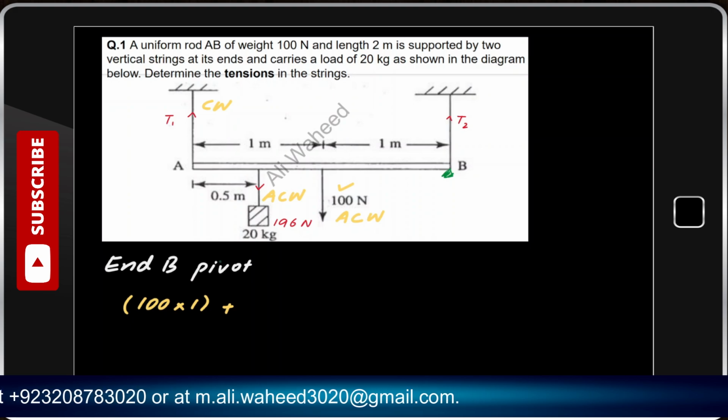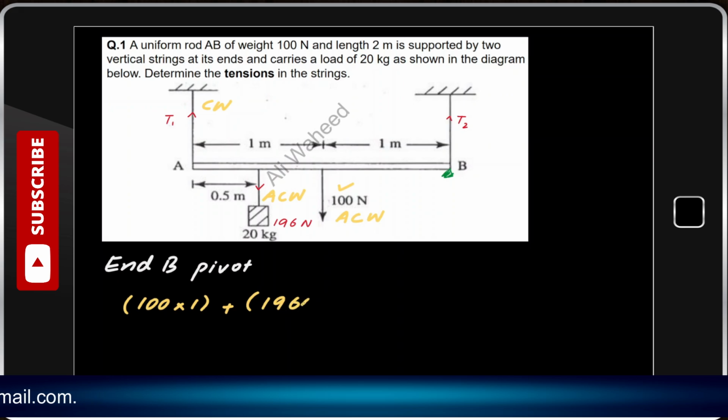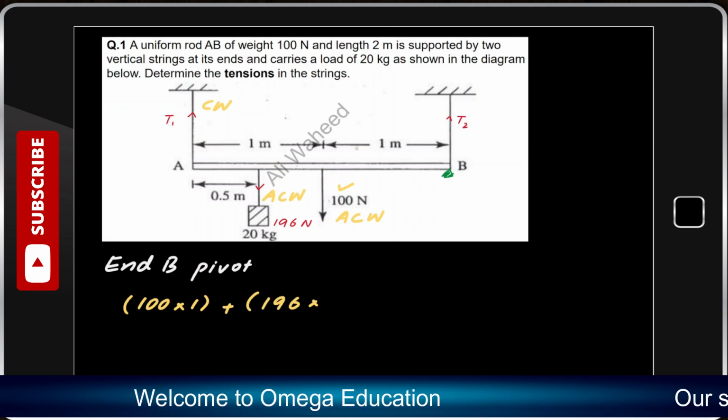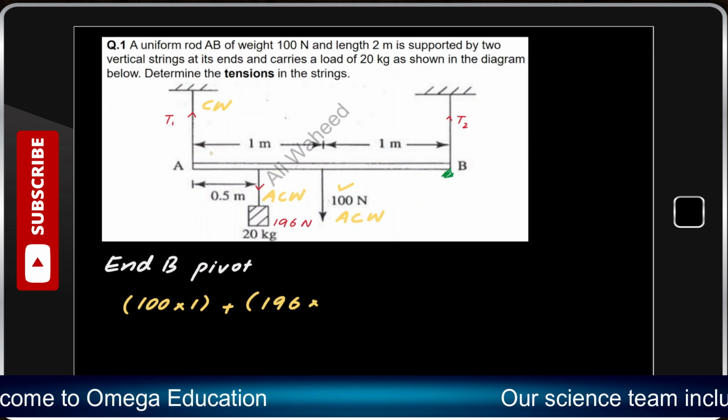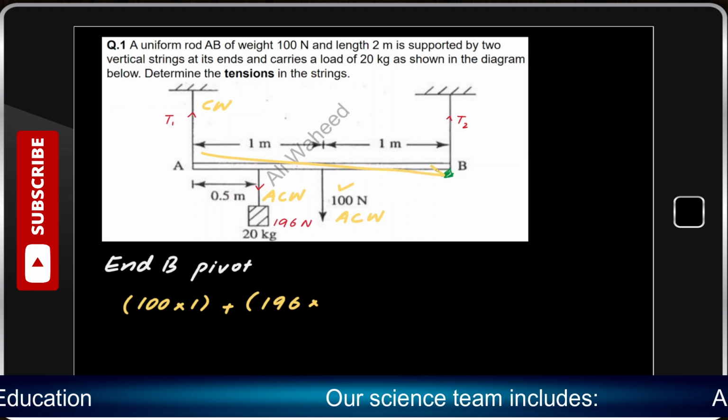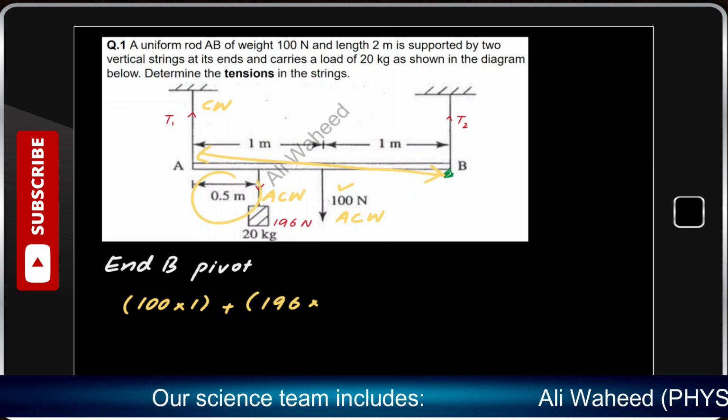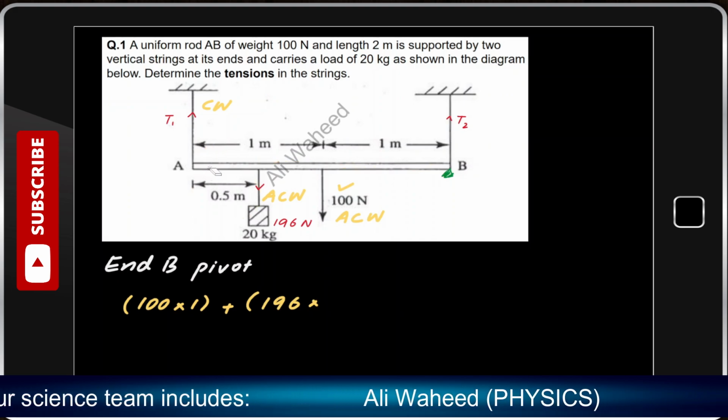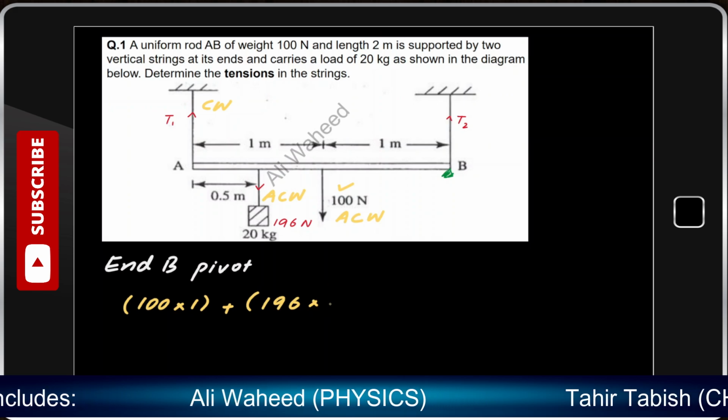So 196 times the perpendicular distance of that force from the pivot. You see the total is 2 meters. If you subtract this one, you get 1.5 meters till the pivot.